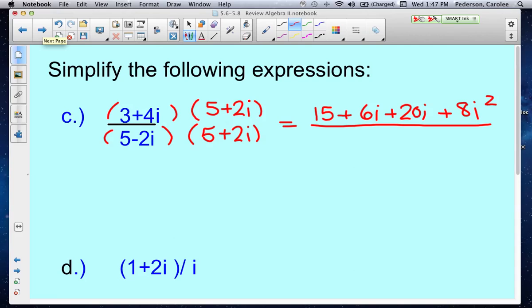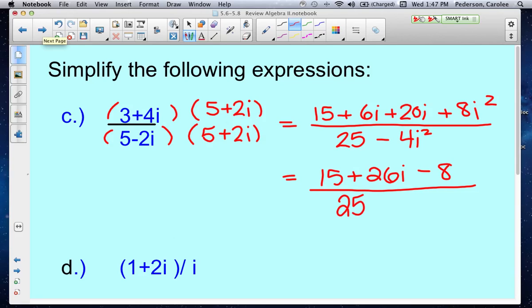So I only have to worry about the first, 5 times 5, and then -2i times 2i. What's that? Combine my like terms again. 6i and 20i, 26i. And then what happens? 8i squared becomes -8.